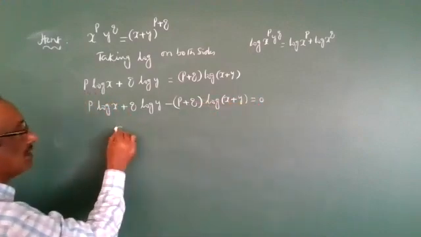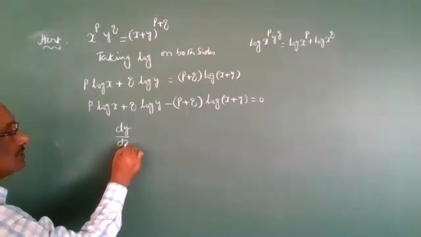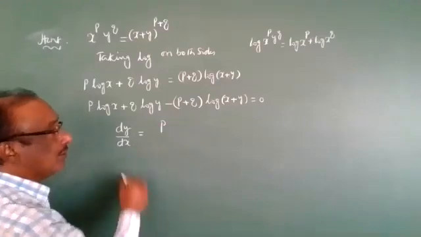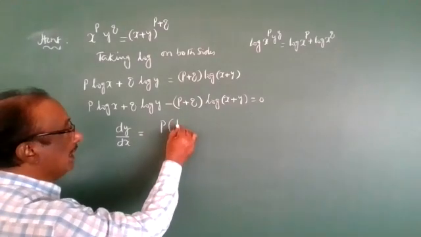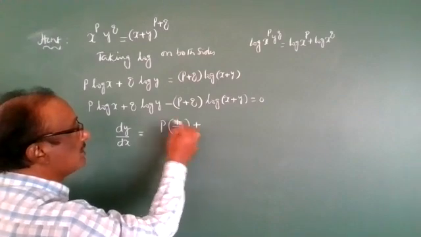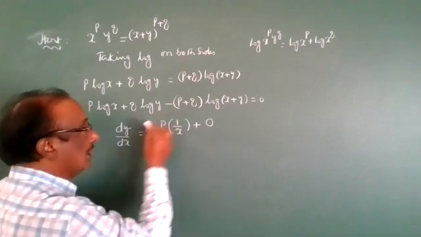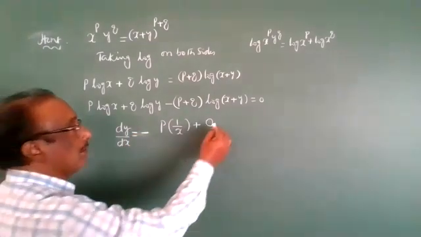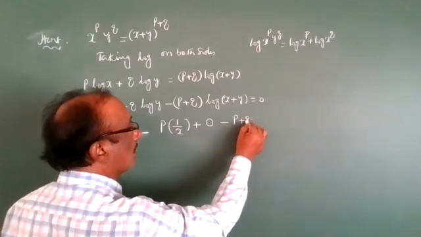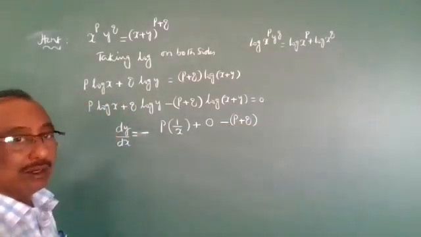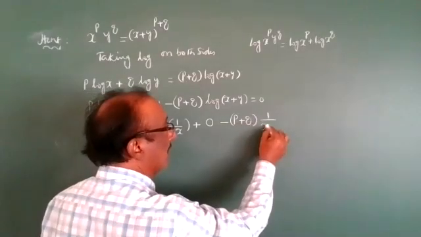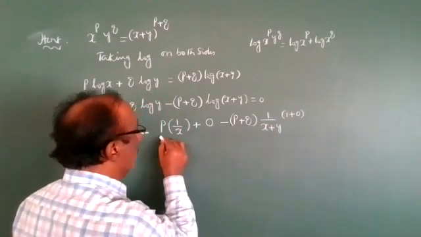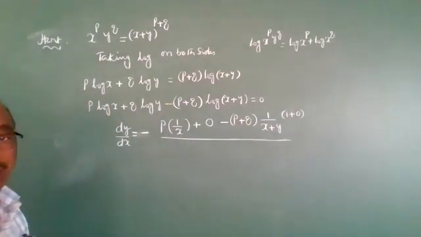Now apply dy by dx. Directly you can get dy by dx is equal to, now see, p is the coefficient, log x derivative is 1 by x. Q is a coefficient, log y is a constant, so its derivative is 0. Next, minus (p plus q), log derivative is 1 by (x plus y), inner function x derivative 1, y derivative 0.